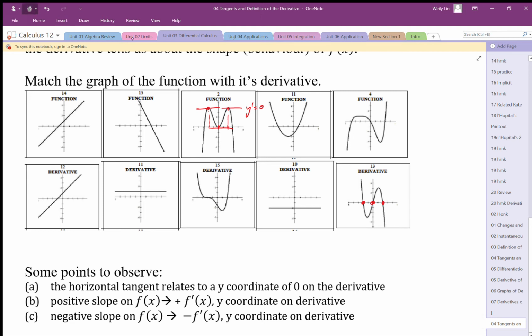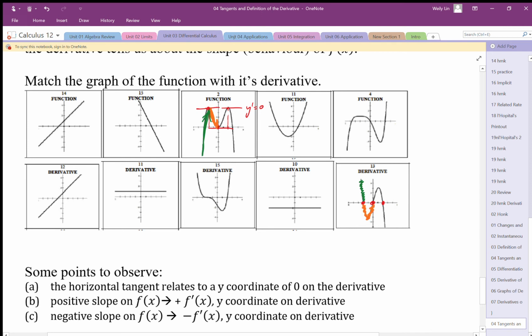The other thing is to look at where the slopes are positive. If I look at this graph, there is positive slope here, and notice that here we have positive y coordinates. Positive slope means positive derivative, which means my y coordinate should be positive. In here, I have negative slope. It's pointing down. All through here, the y values of my slope are negative.